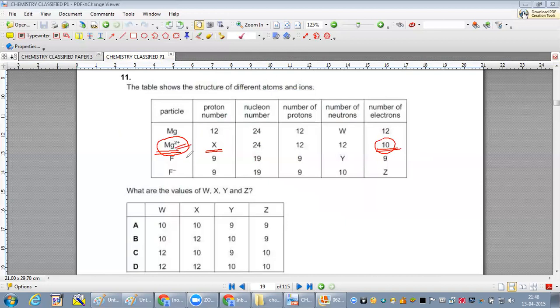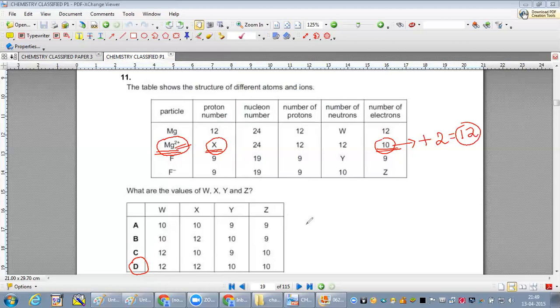Here 10 electrons are there, so the number of protons is 10 plus 2, which is 12 protons. So X is going to be 12. In the second option also X is 12, so obviously the option is going to be D. Of course, you can also identify the numbers Y and Z.